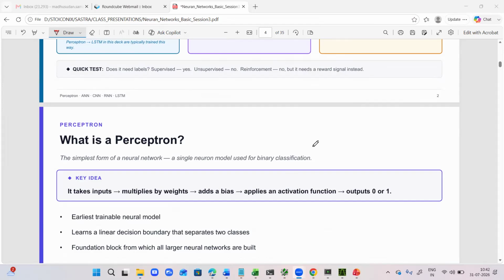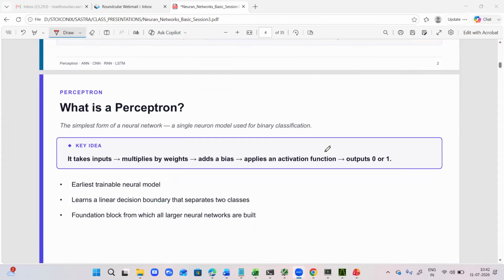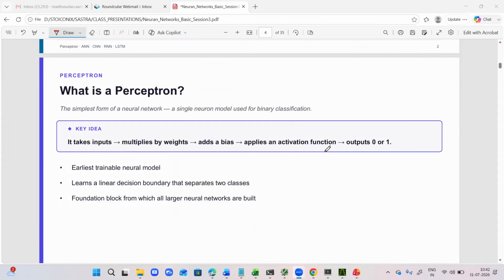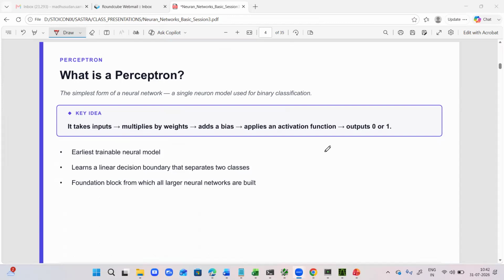Similarly, in the case of a perceptron, a perceptron is the simplest form of a neural network. It forms the foundation on which larger neural networks are built. How this works is the perceptron takes an input and multiplies the input by weights.